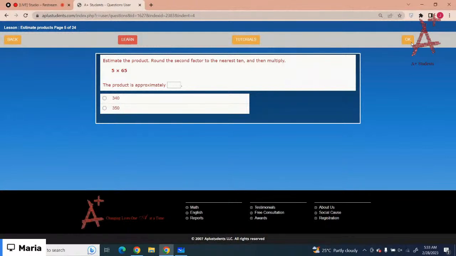Yes, 65 is rounded to 70, and 70 times 5 is 350. So the correct option is 350.